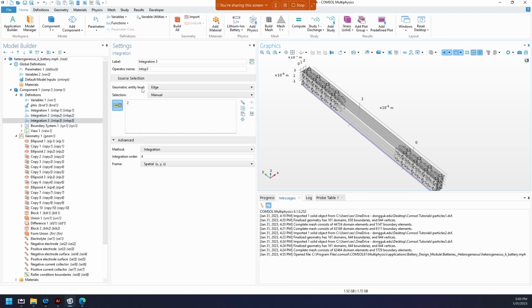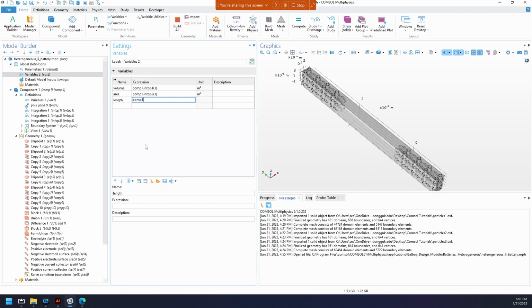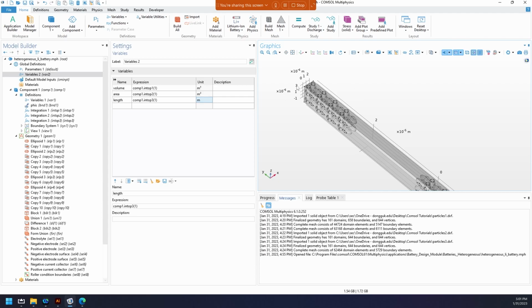So this is the edge, and if we go over here and write length, again component 1, intop3, 1, now it's going to give me the length of this whole edge. First is the volume of the negative electrode particles, then the surface area of these electrode particles, and the length.